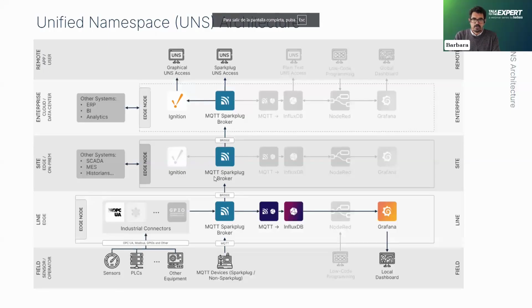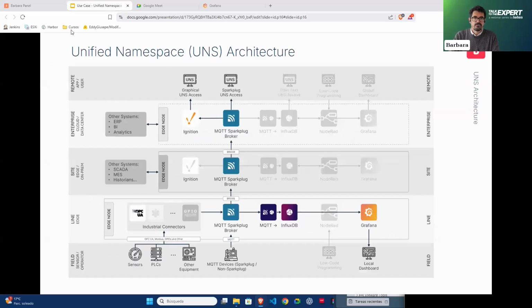At this level, the only thing we have is a broker that is receiving everything from the two lines below. And finally, we are sending all the information up to the next level, which is the enterprise level. And here we have two applications. We have an MQTT Sparkplug broker again that is receiving everything and normalizing it, and then also Ignition. So let's see both of them.